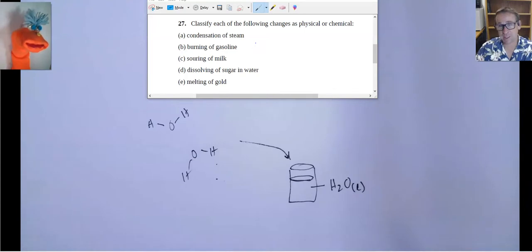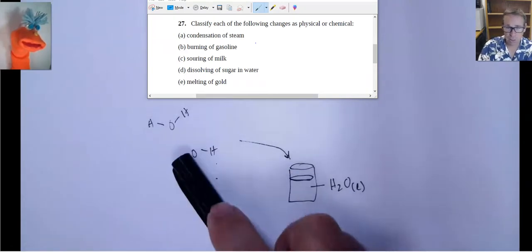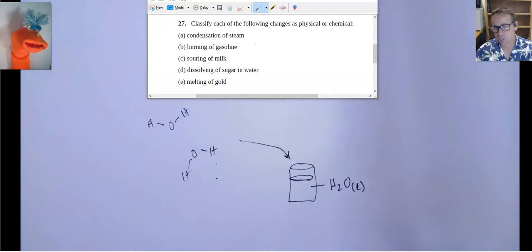Steam isn't really a gas; it's condensed, it's moisture in the air. It's liquid that's in the air, like clouds. Gas is when the water molecules don't stick together at all, and they just completely separate, right? And they form a gas phase, right? So condensation of steam, from either water floating around in the air or a gas to a liquid, that's just a physical change, right?